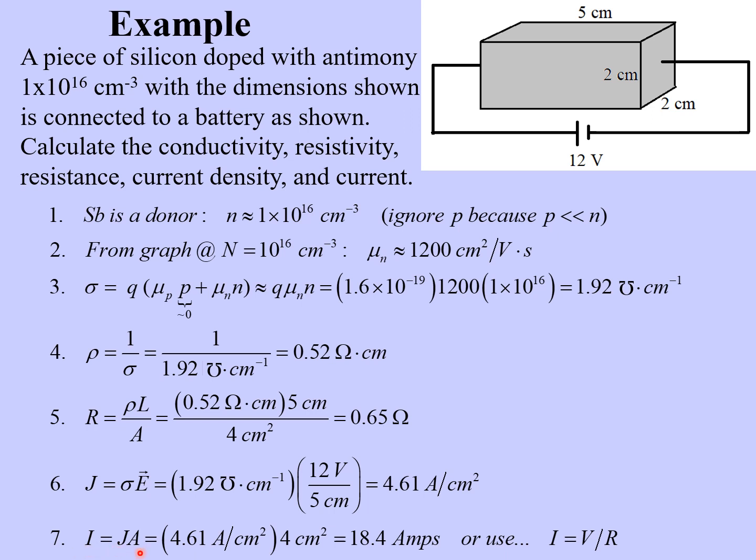So we have 4.61 amps per square centimeter multiplied by the cross-sectional area, which is, again, 4 square centimeters, and you get 18.4 amps. Or you can just use Ohm's law, right? Ohm's law says that current is equal to voltage divided by resistance. So the voltage would be 12, and the resistance would be right here, 0.65, and if you plug that into your calculator, you'll get the same answer of 18.4 amps.